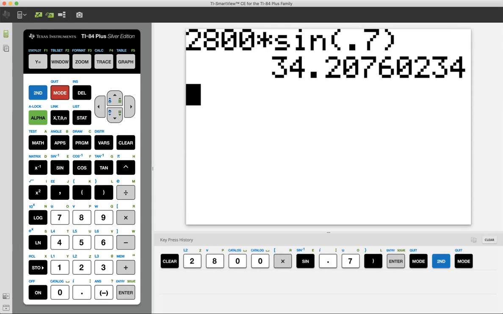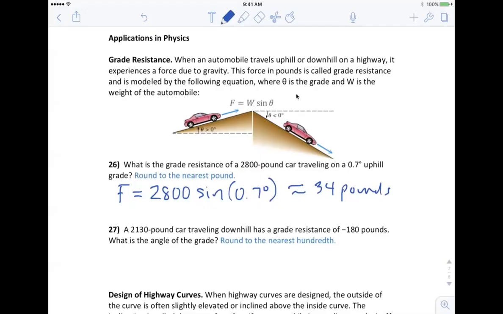The next one is a little different. We can jump back to the handout. Okay, computer going a little slow.